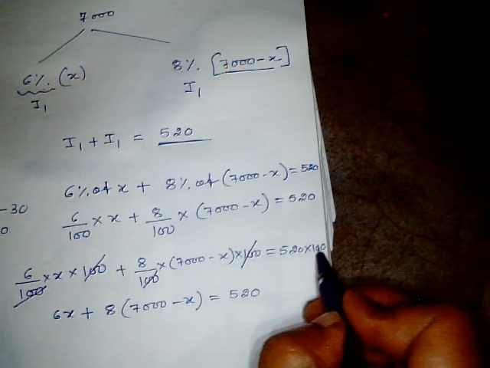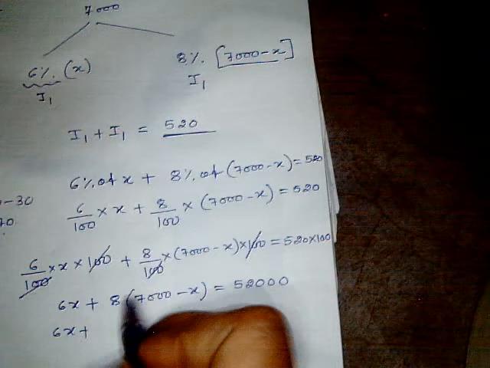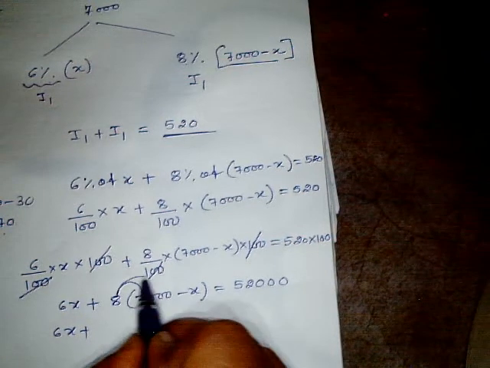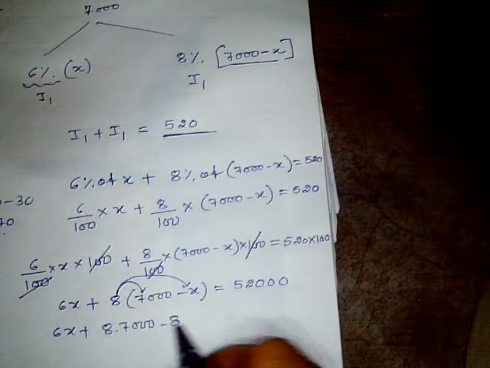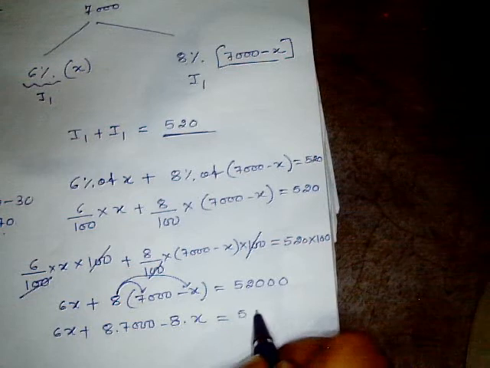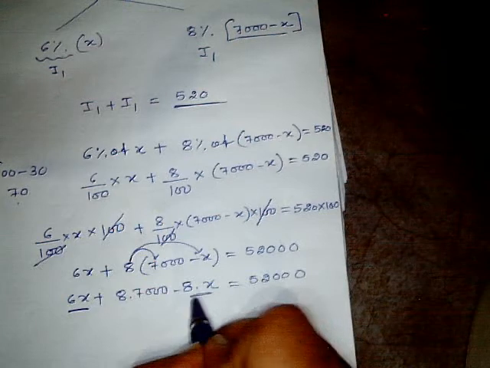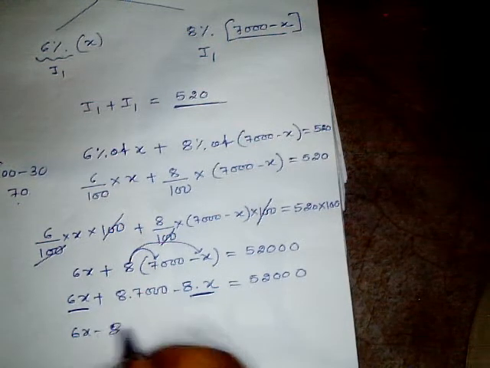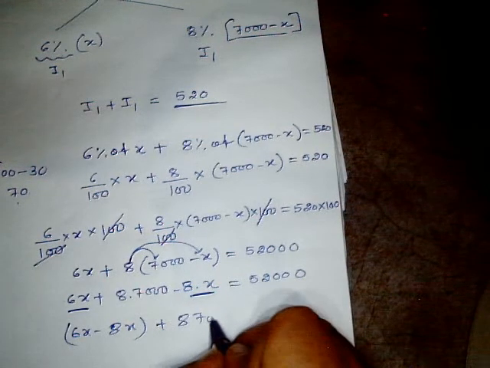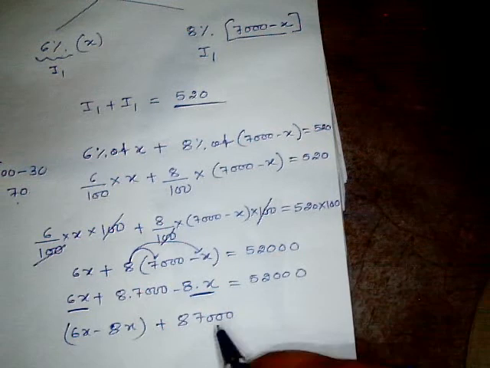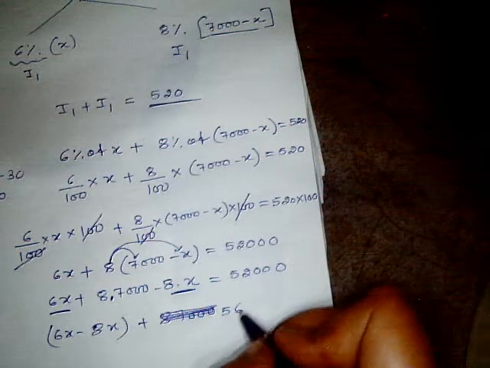When you open the bracket, the 8 gets distributed on 7,000 and also on x. So 8 into 7,000 is 56,000, and 8 into x is 8x. Now I need to collect like terms together: 6x minus 8x plus 56,000 equals 52,000.